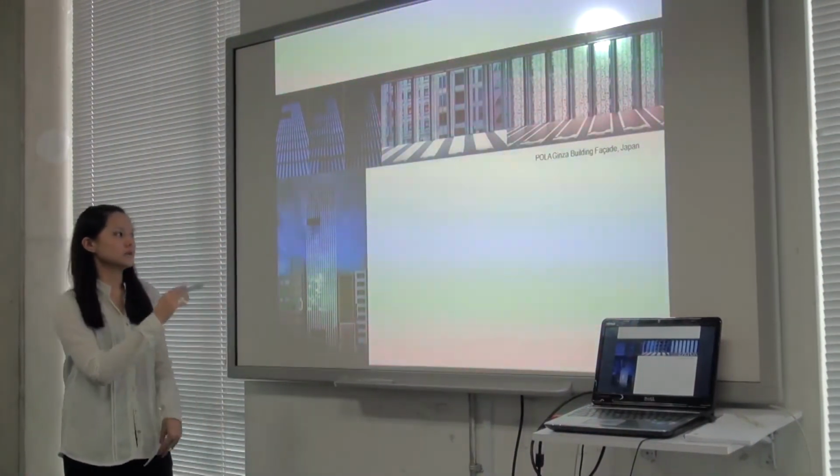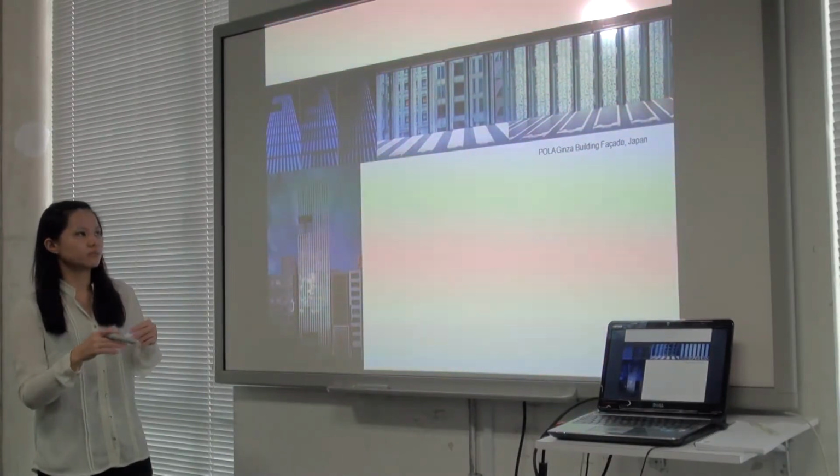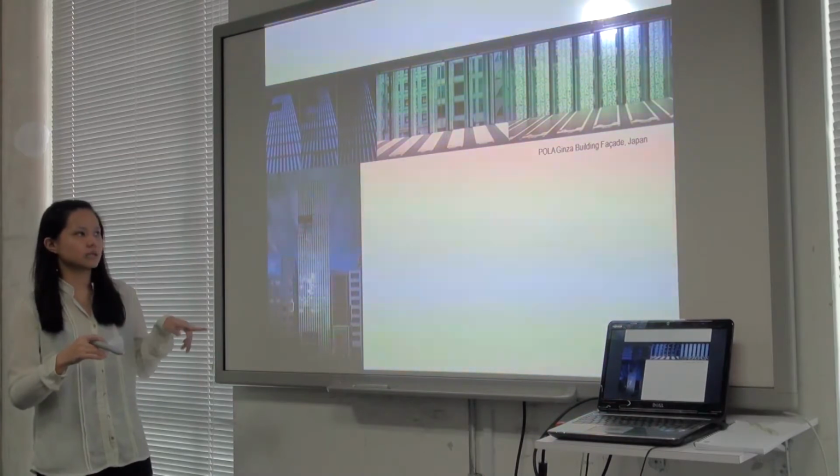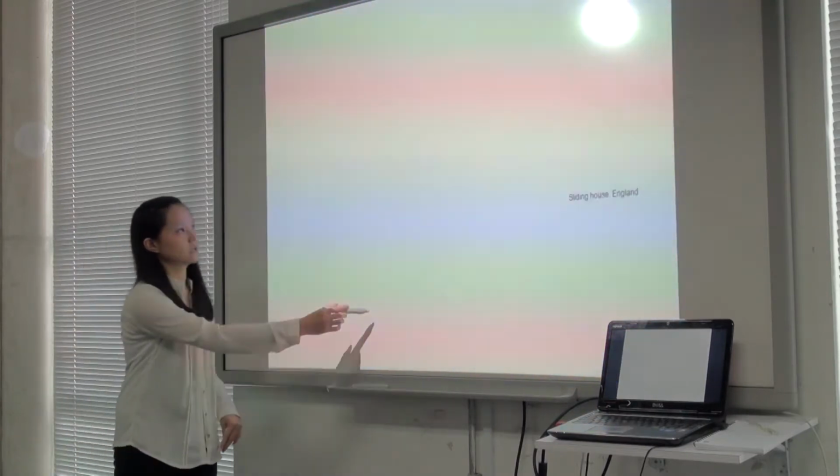There are also examples where the facades of a building consist of movable panels that respond to sunlight intensity, to provide user comfort, so the users inside the building won't be affected by the too high intensity of sunlight.